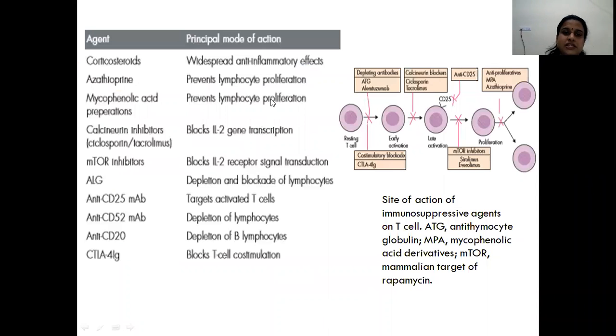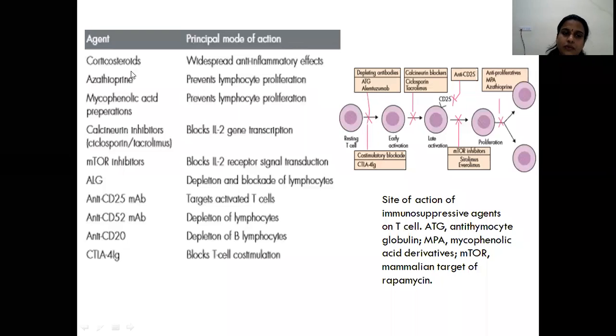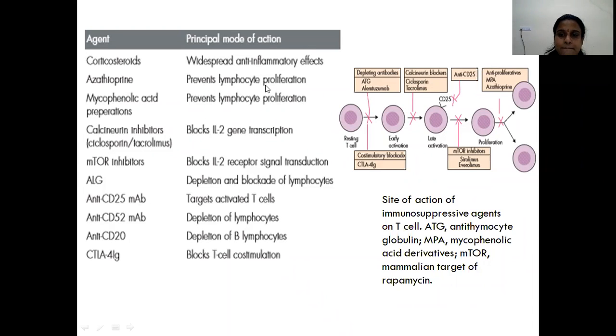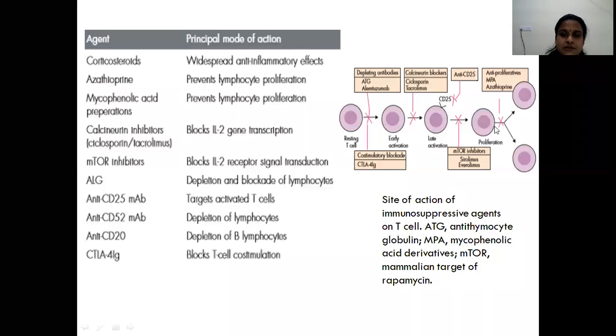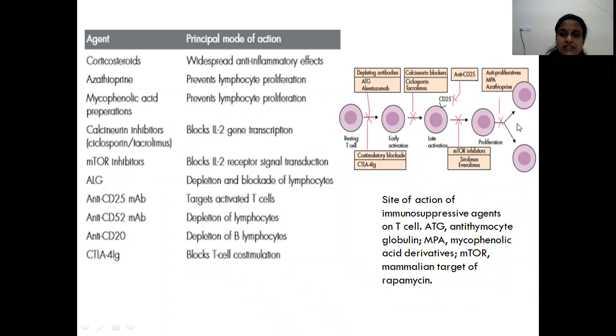Okay, so the principal mode of action of thiopurines is that they prevent lymphocyte proliferation. This stage is the activation of CD4 T lymphocytes, and then their proliferation. So these are the various stages at which the immunosuppressive agents act.